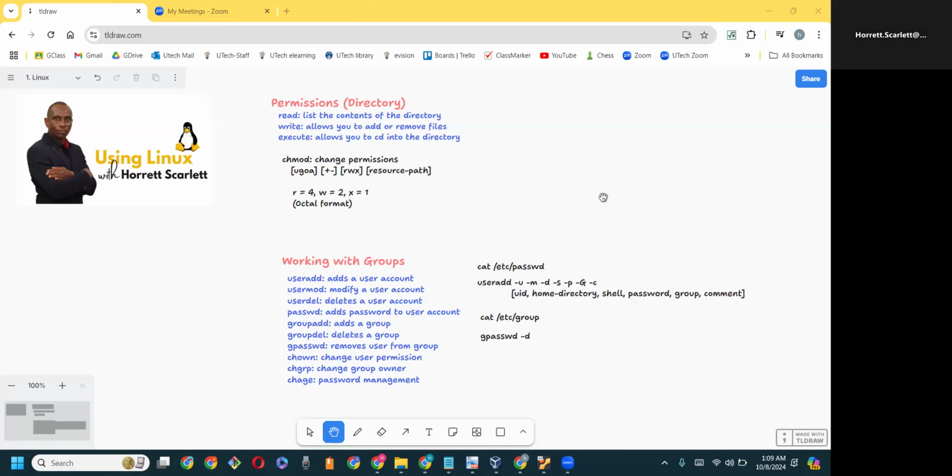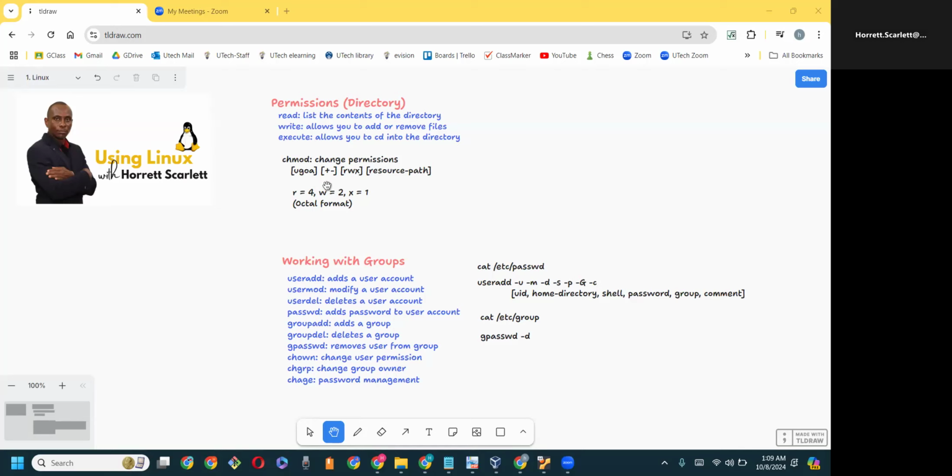Let's continue with our discussion on directory and modifying the kind of permissions that we can have on these directories. So in our previous session, we had a look at the chmod command, where we can use the UGOA to modify the user permissions.